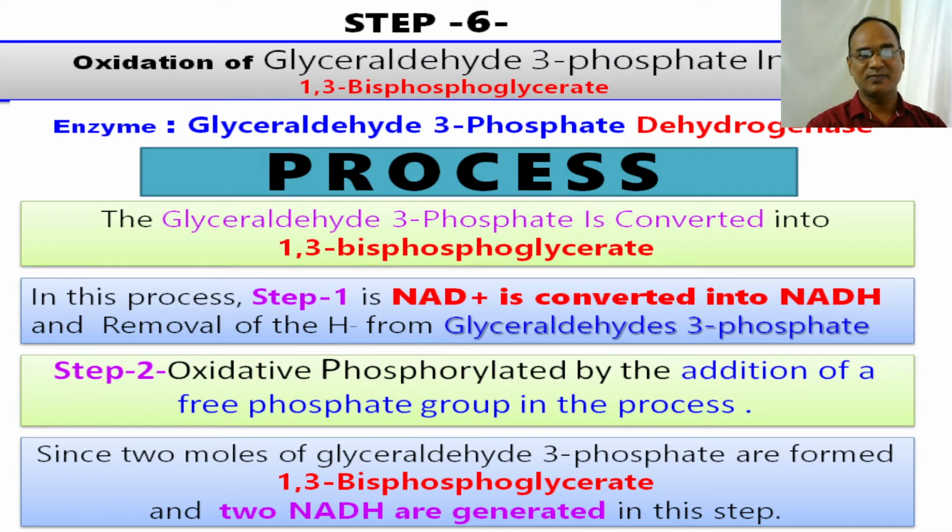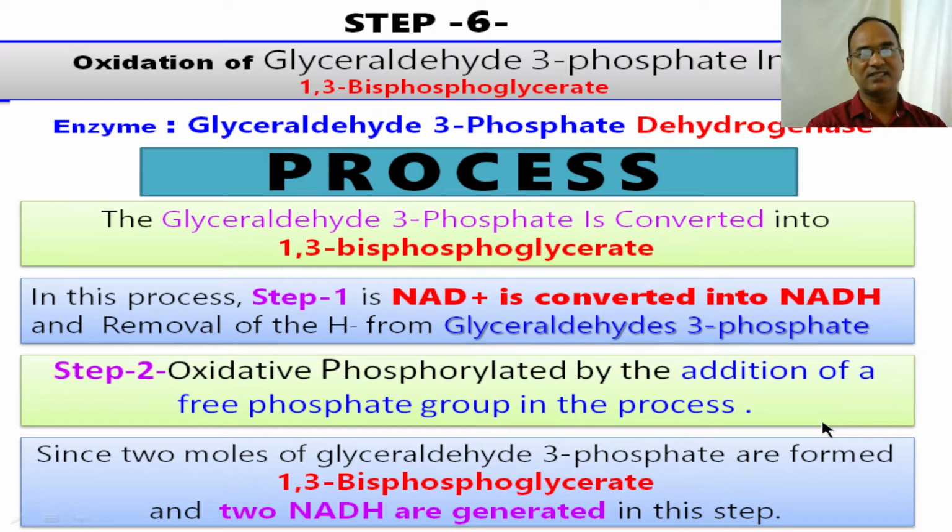The process is simple: oxidation, and inclusion of one phosphate into glyceraldehyde 3-phosphate to make 1,3-bisphosphoglycerate, while removing hydrogen from it.